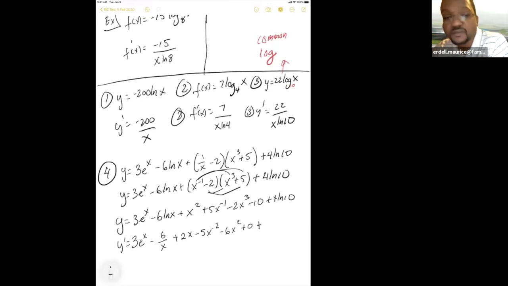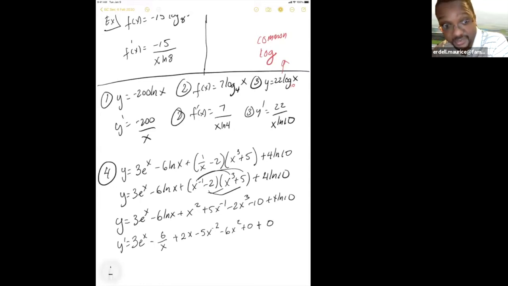The derivative of 4 ln 10 is... can anybody tell me what the derivative of 4 ln 10 is? Anybody happen to know? The derivative of 4 ln 10 is actually 0.